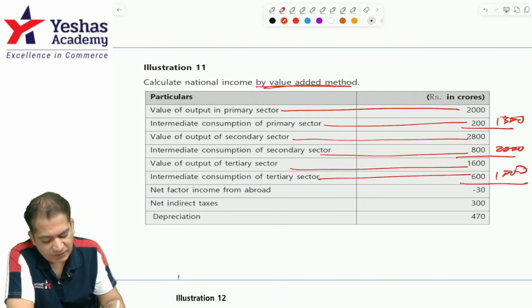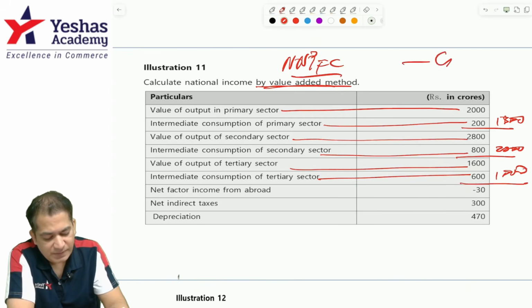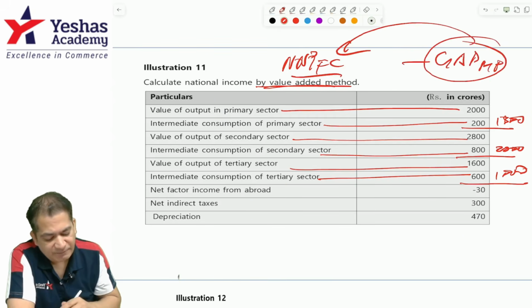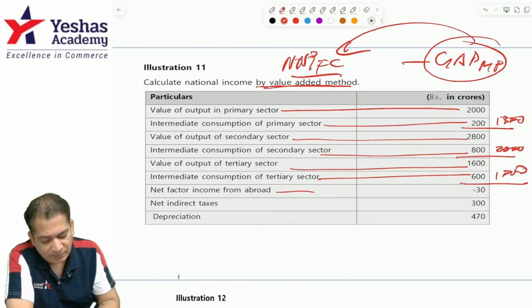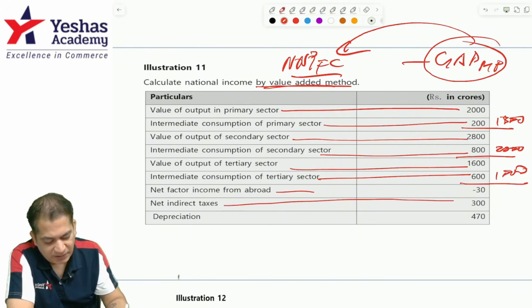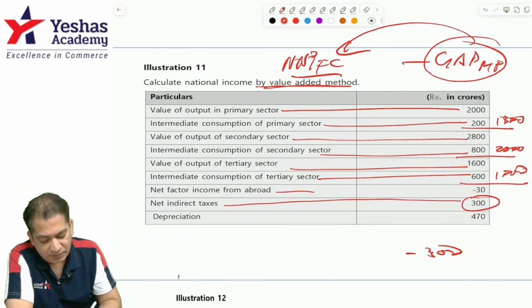Once you get this value, then you have to calculate NNP at factor cost. Mind it. So what you've got here is GDP at market price. From there, you have to get NNP at factor cost. So first, for factor cost, you have to deduct net indirect taxes. From this value, you will deduct 300. Then to get net from the gross, you have to deduct depreciation.